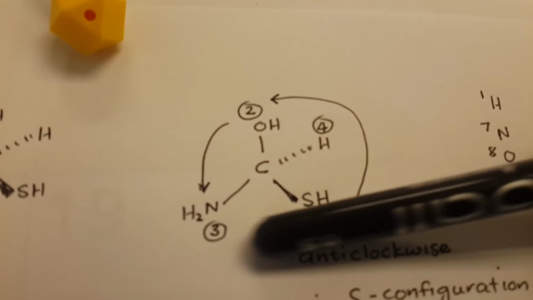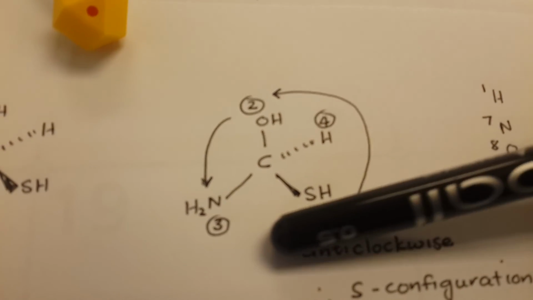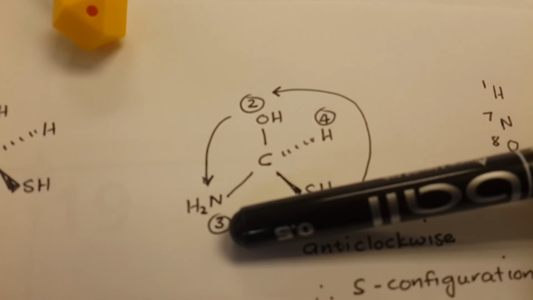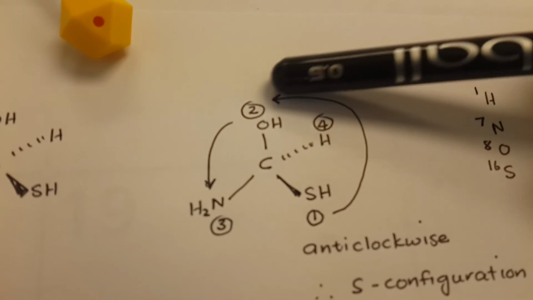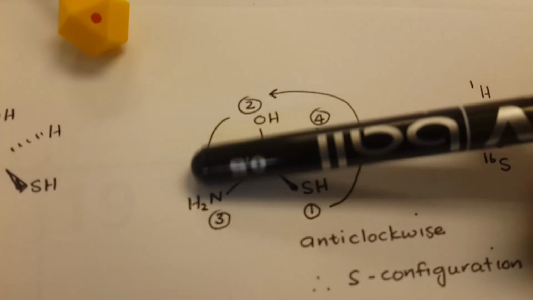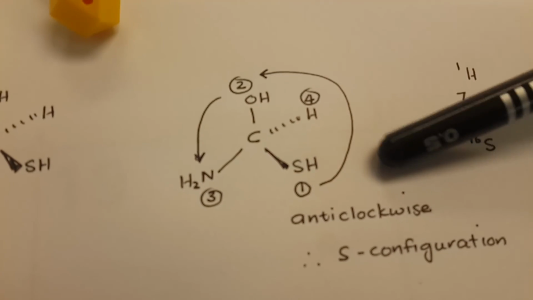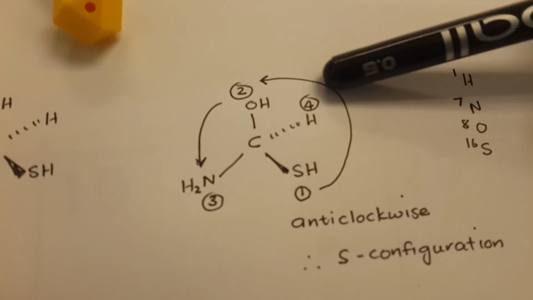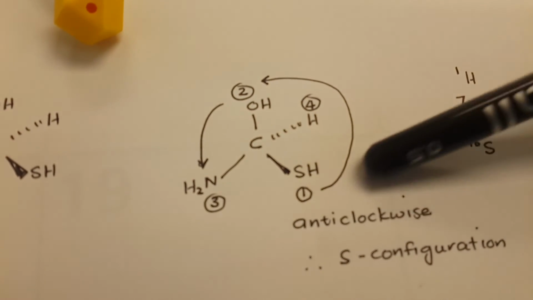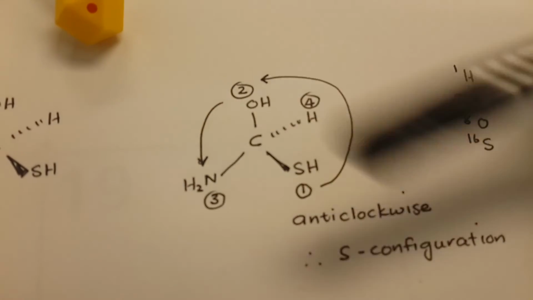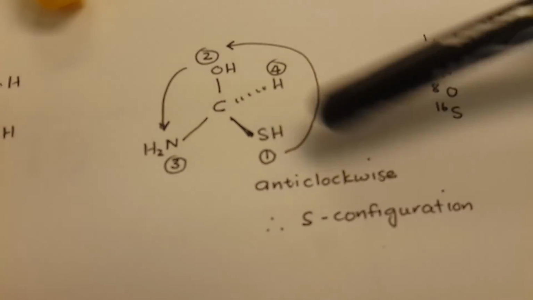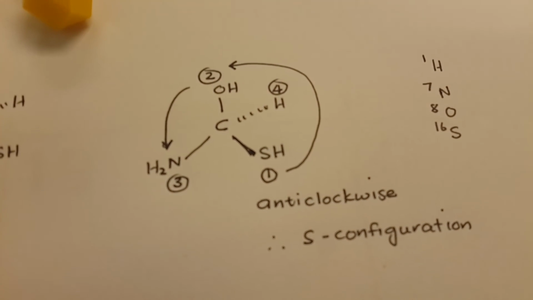I can't go this way, because then I'd be bypassing priority group number 3. So I have to go from number 1, bypass the lowest priority group, and then to priority group number 3 in an anti-clockwise rotation. If this is done in an anti-clockwise rotation, then this configuration must be the S configuration.